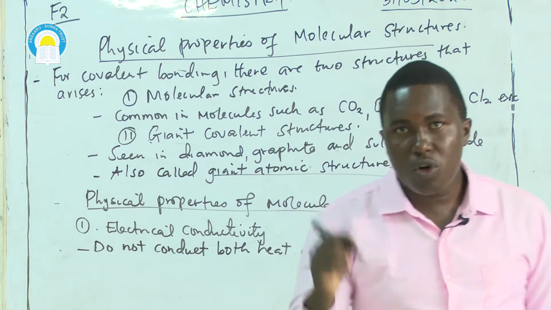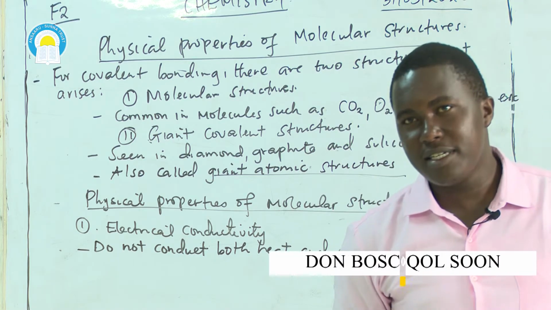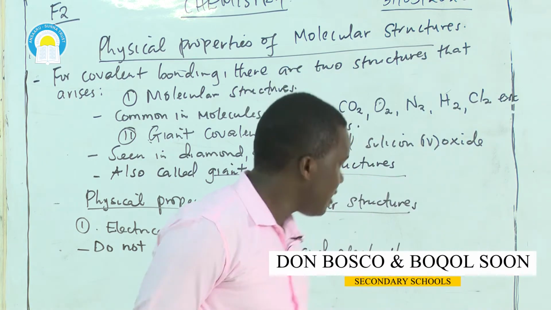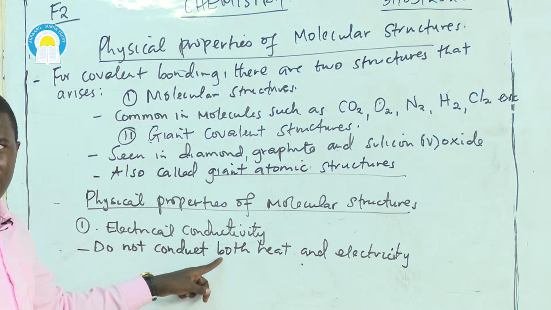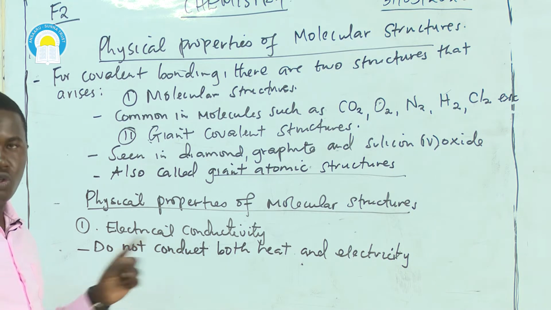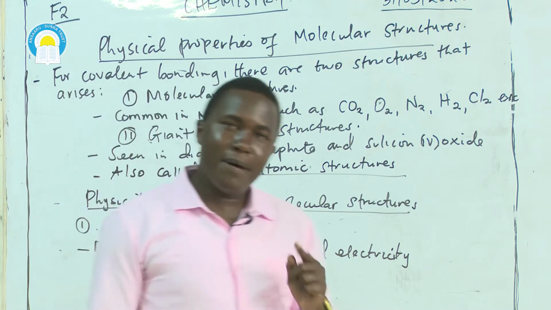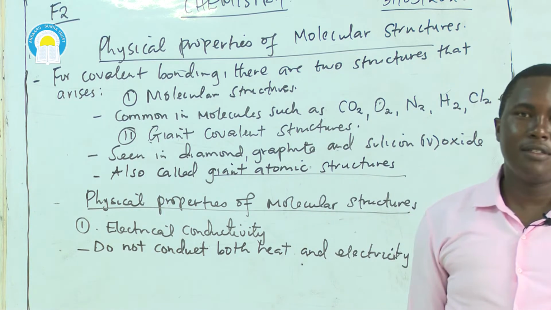any substance to conduct electricity, there are two parameters. One is that there must be some delocalized electrons. Two, there must be mobile ions.